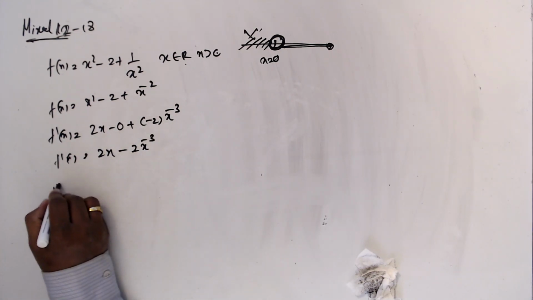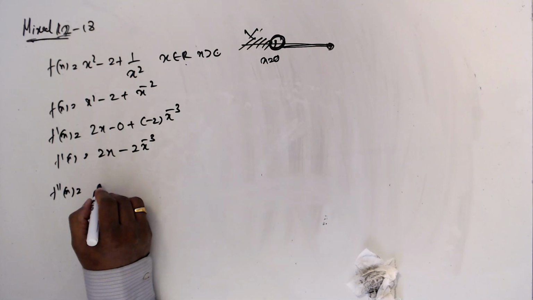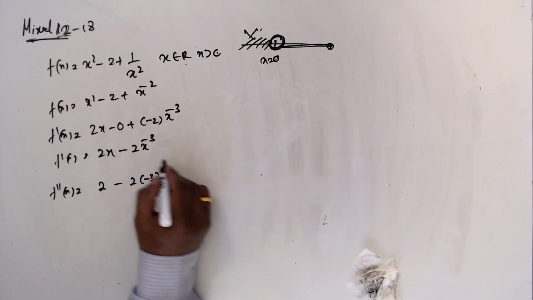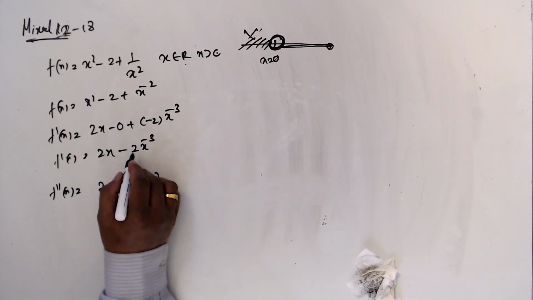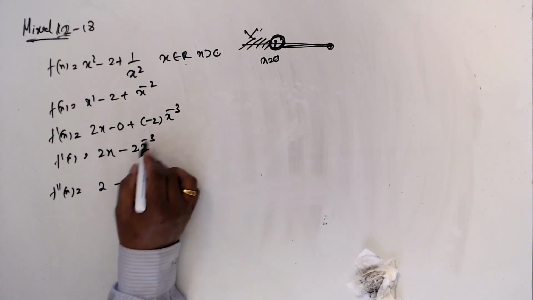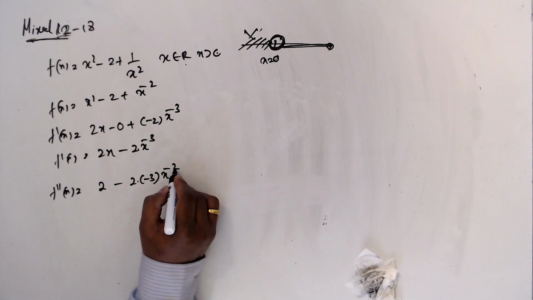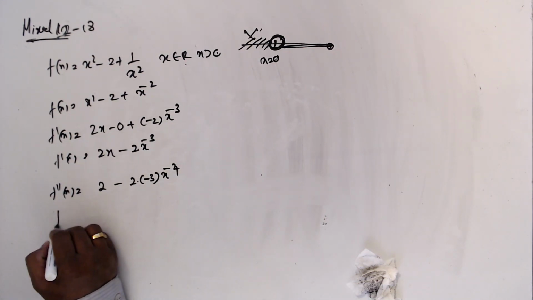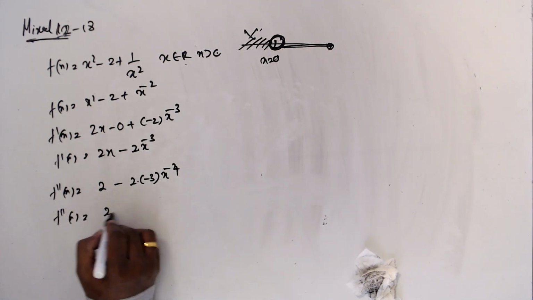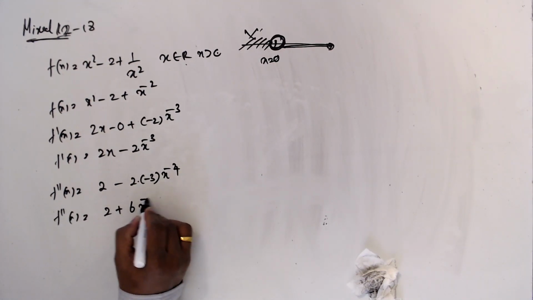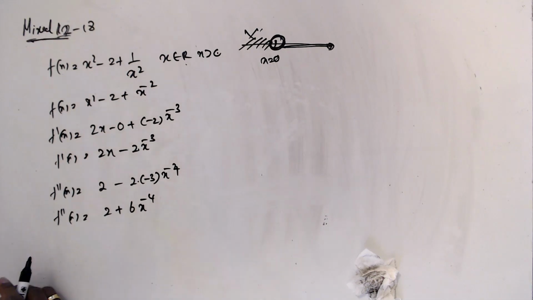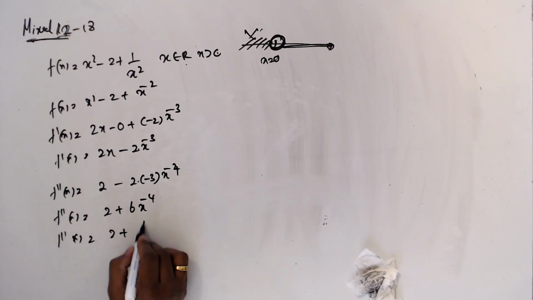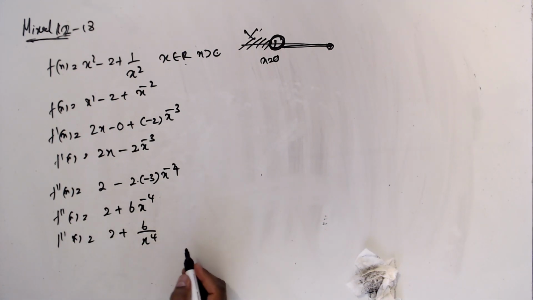Now we'll find f double dash x. This is going to be 2 minus 2 times minus 3, I'll keep a gap, x to the power minus 4. So f double dash x equals 2 plus 6x to the power minus 4, which is 2 plus 6 over x to the power 4.